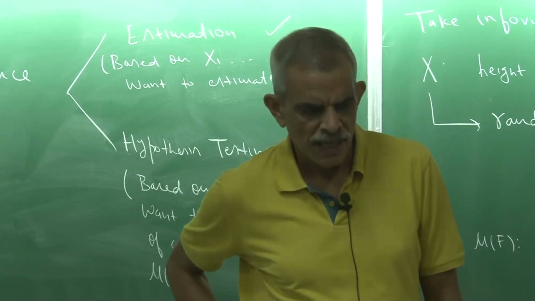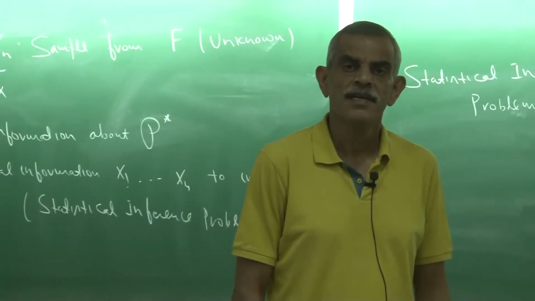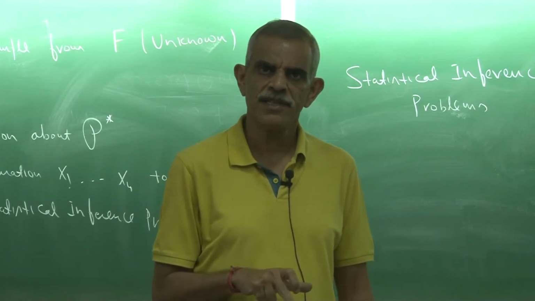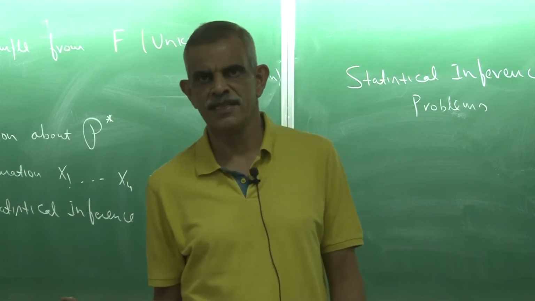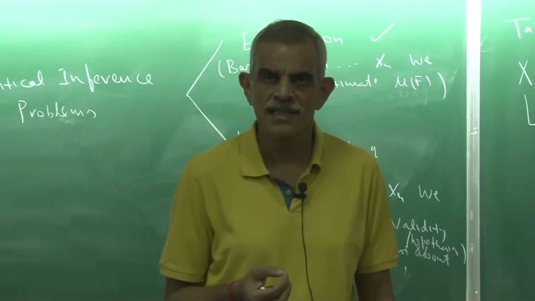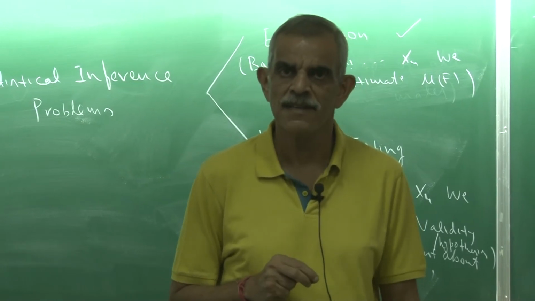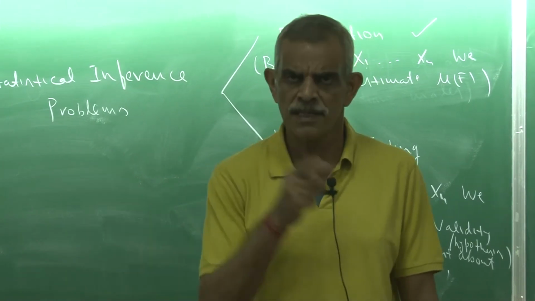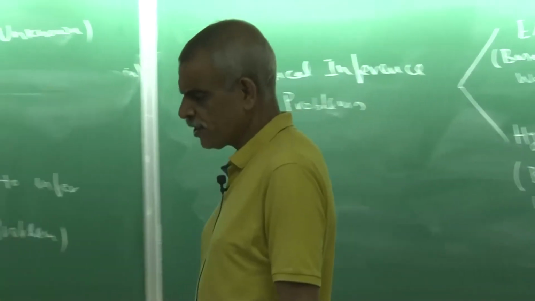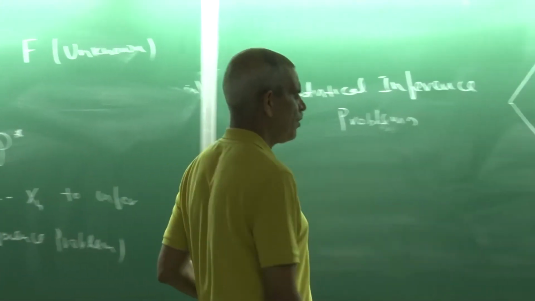Since you cannot minimize both errors simultaneously, you fix the more serious one, called the type 1 error, at a given level alpha, say not exceeding 0.05, and then among all testing procedures look for the one that minimizes the type 2 error.